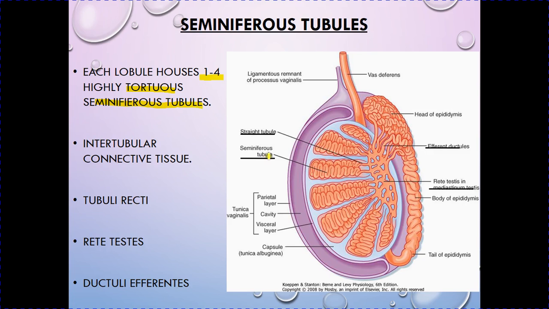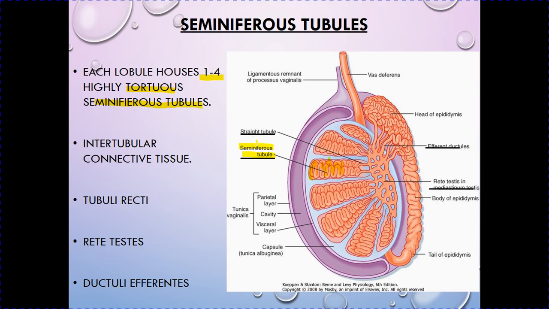So seminiferous tubules are highly coiled tubules with blind ends, and they may anastomose with each other. At the apex of the lobule, the seminiferous tubules lose their convolutions and become straight.